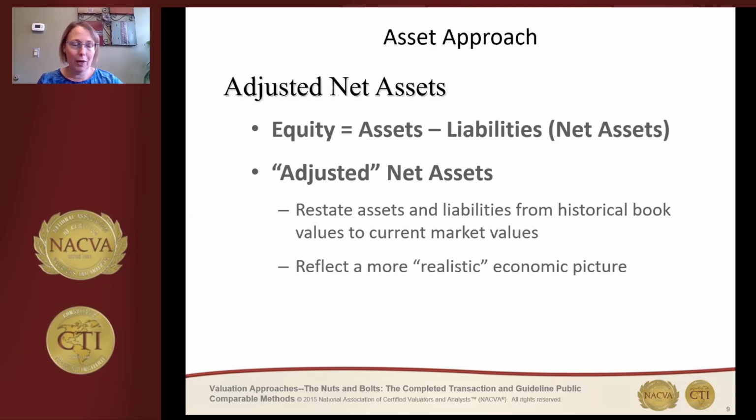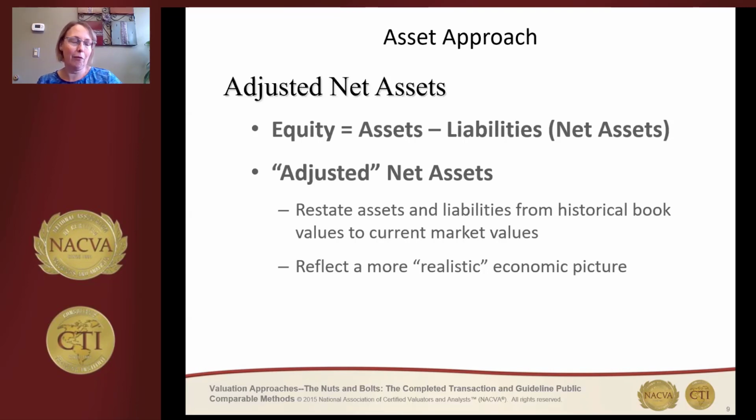Now, we talked quite a bit a couple days ago about generally accepted accounting principles, GAAP, and how companies keep their books. So, a reminder that when we're looking at equity on the financial statements, that has pretty much nothing to do with the fair market value of a company and the fair market value of the equity. And I say that with a grain of salt. It might equate to the fair market value, but in most circumstances, I would say it does not.